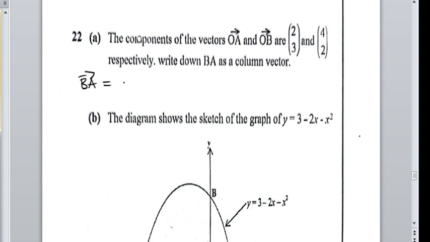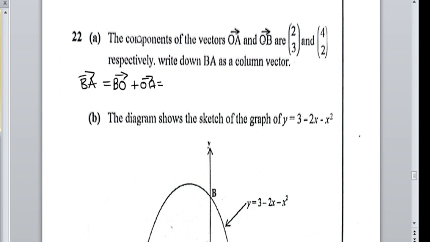So to find the vector BA, it should start from B, then it will end at A. So it will start from B, so it will be BO, then plus OA, since it has ended at O, it starts from O, then it goes to the destination, which is A. Then how is this vector going to be?